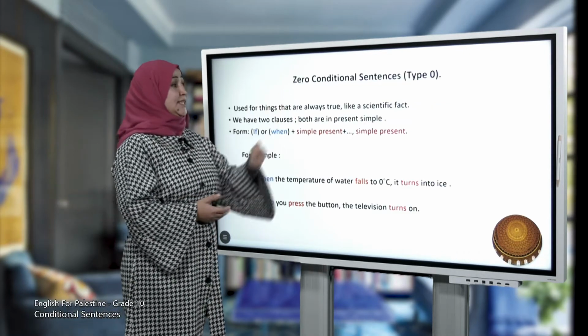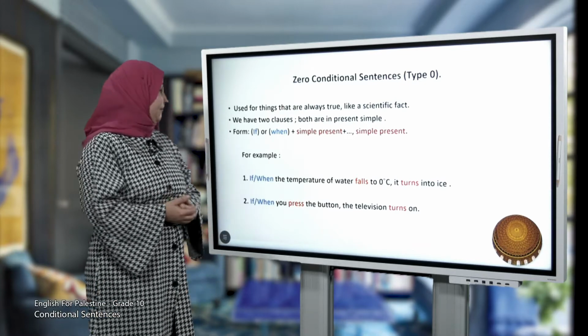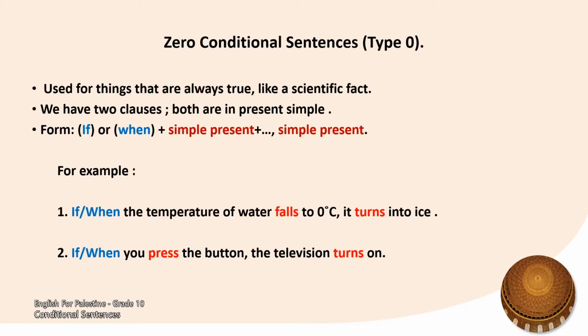0 conditional sentences, type 0, used for things that are always true, like scientific fact. We have 2 clauses. Both are in present simple.